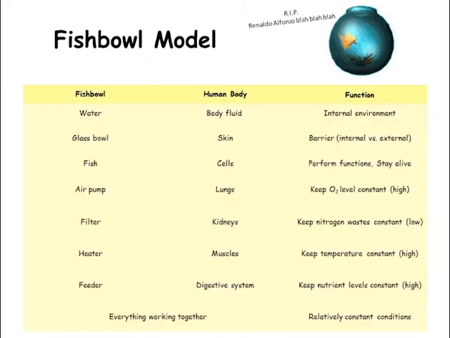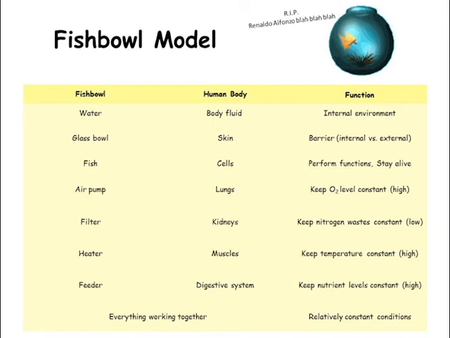And you can think of homeostasis, or the body, as being like a fishbowl. So if you were to change the internal environment of a fishbowl, the fish wouldn't survive. So you can draw some analogies with the fishbowl and the human body and think about the jobs that these things do.